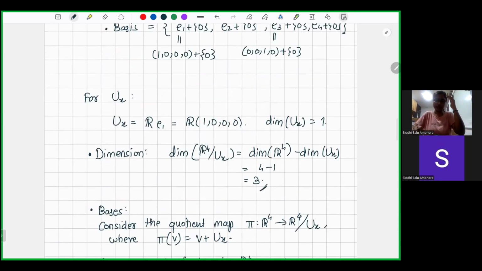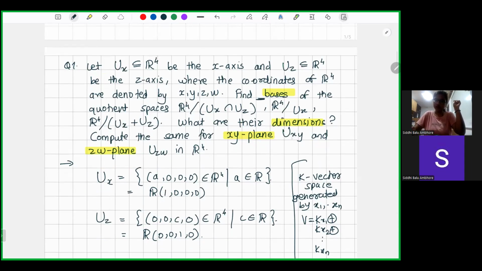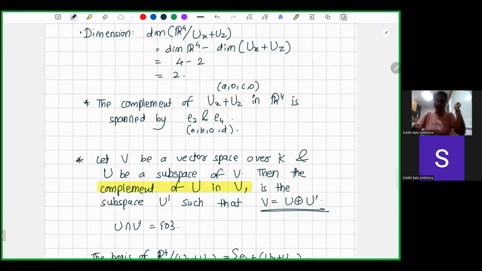And now we are going to a second part, that is we have to find this for the xy plane and zw plane.